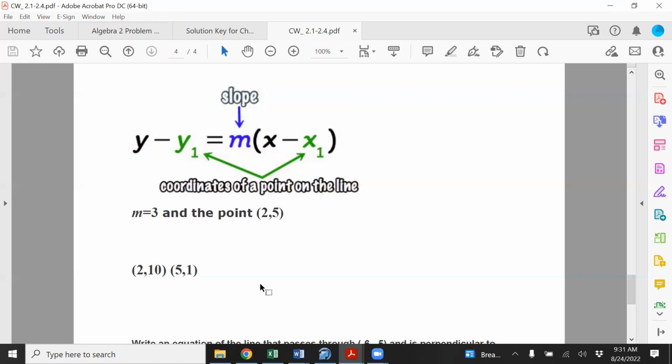But you can do this: y minus 1. Or you could do this: y minus 10. Either way, you're going to get the same thing when you isolate y. So either way is fine.